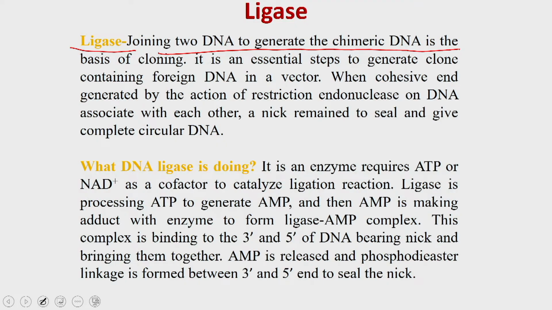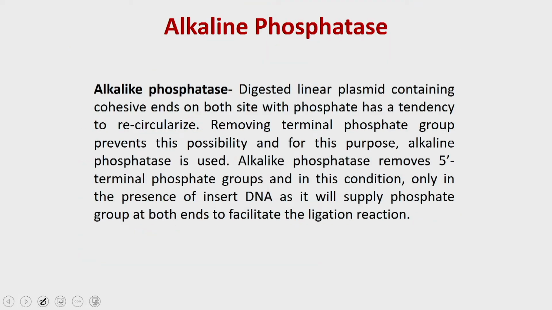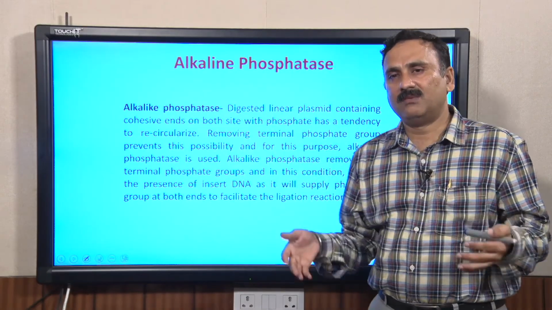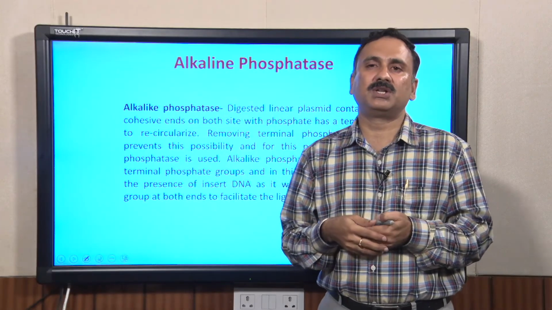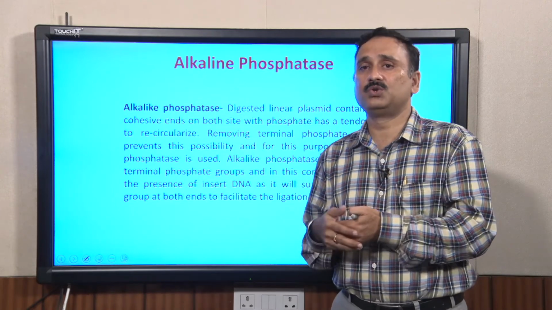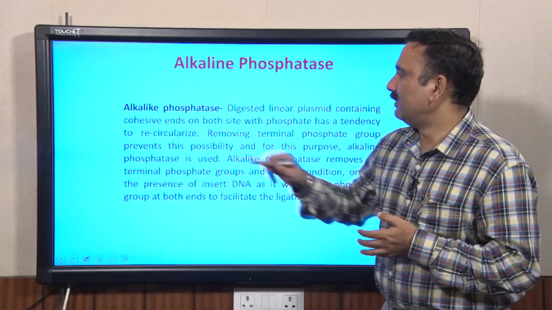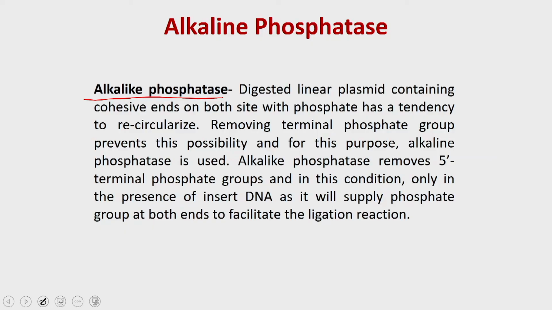And that ligation reaction also we have discussed, how to set up the ligation reactions, at what temperature you should incubate them, and what different precautions you should take while doing the ligation reactions. And then we have also discussed the alkaline phosphatase.